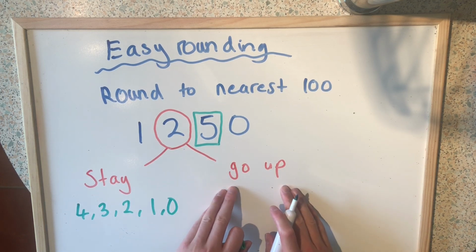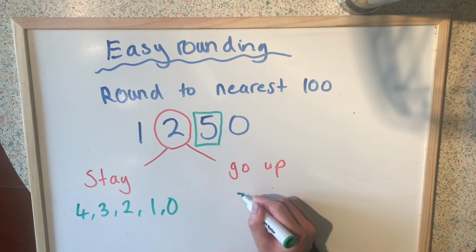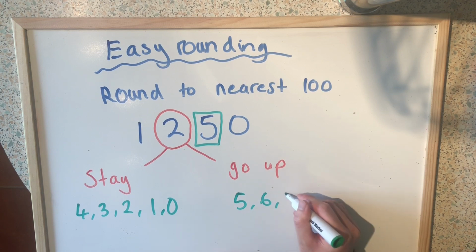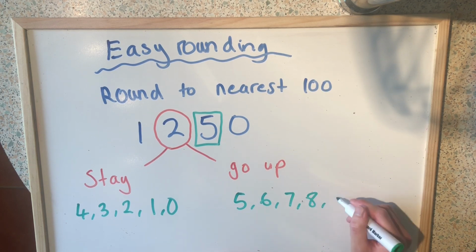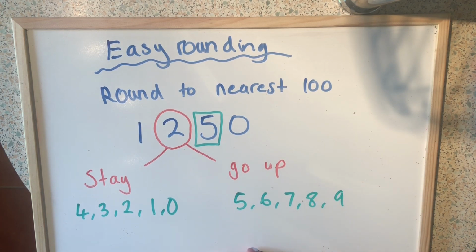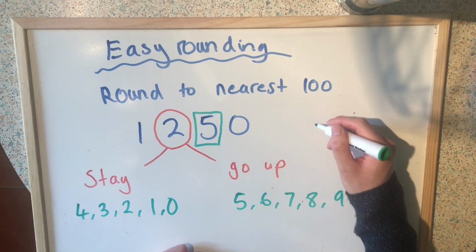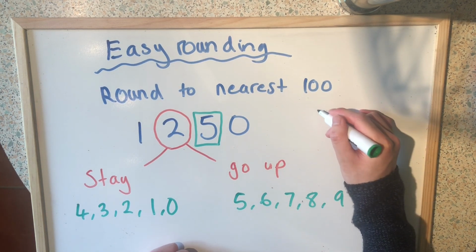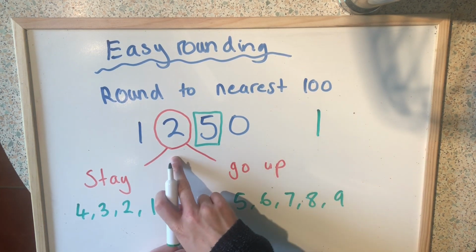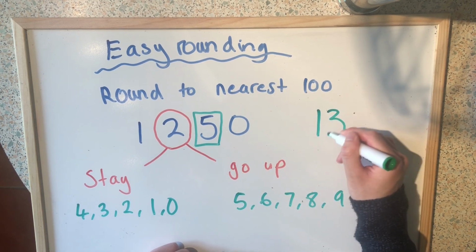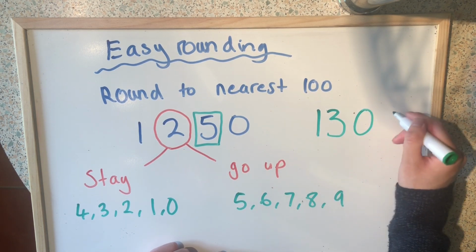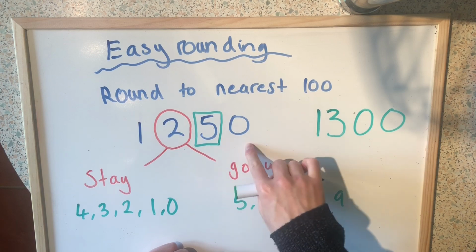And this number will go up if it's 5, 6, 7, 8, or 9. And because this number is actually 5, then this will go up. So we're going to have 1,000, this 2 goes up, 1,300. And these numbers become 0.